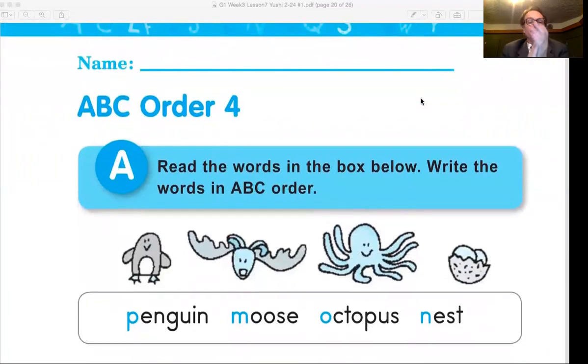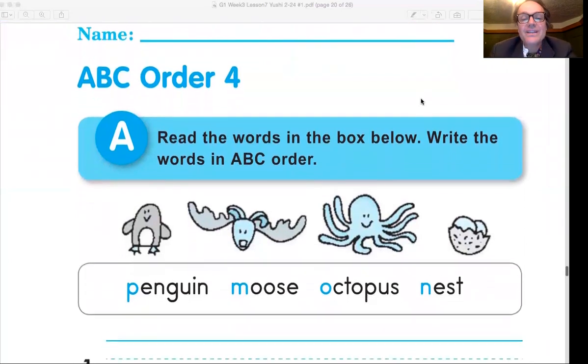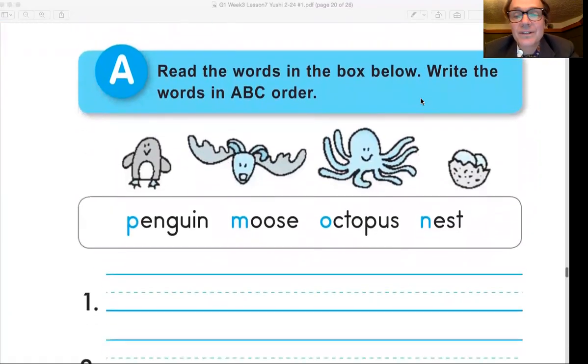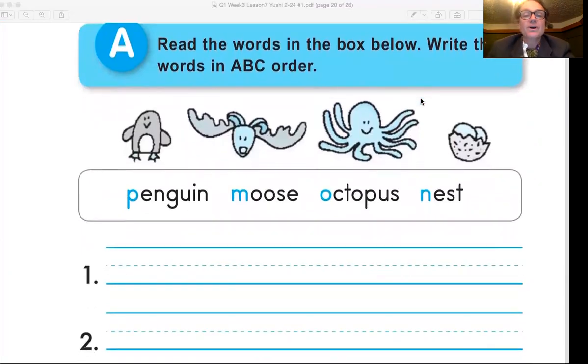So here we are, a new part. Read the words in the box below and write the words in A, B, C order. So we're talking about alphabetical order. That's the big word for it. Okay, so you're going to write these, but you're going to decide which one comes first in the alphabet.